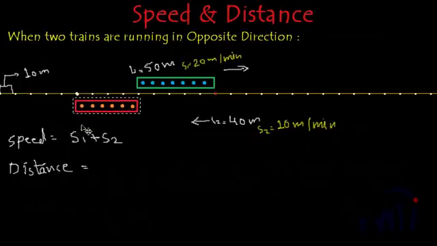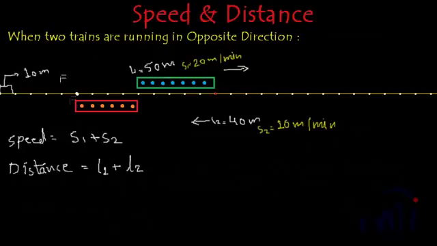Isn't it? Yes. So the distance will be the length of the green train, which is L1, plus the length of the red train, which is L2. Right?